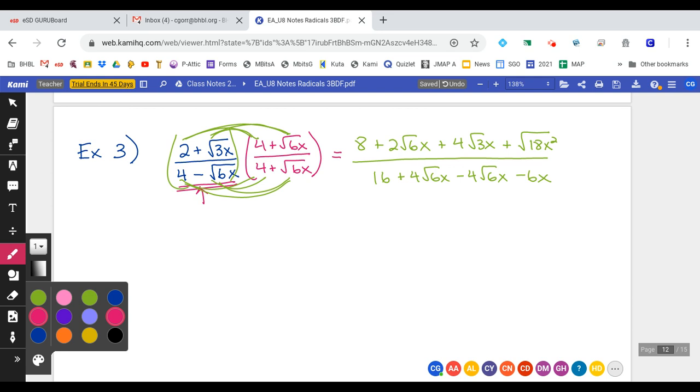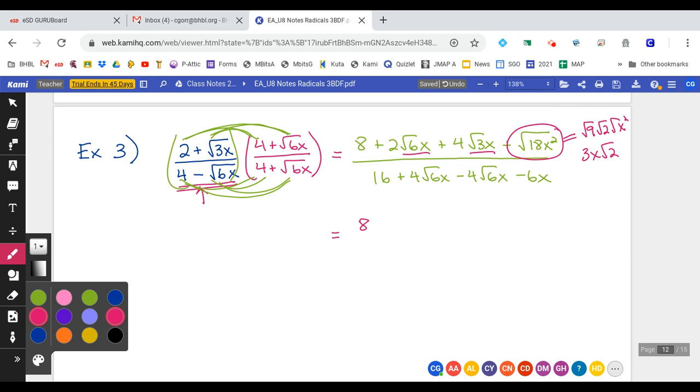These don't have like radicals, so I can't put them together, but this radical right here can be broken down. It's a radical 9, a radical 2, and a radical x squared, which is going to give me 3x radical 2. Now that's not going to give me anything to combine in my numerator.